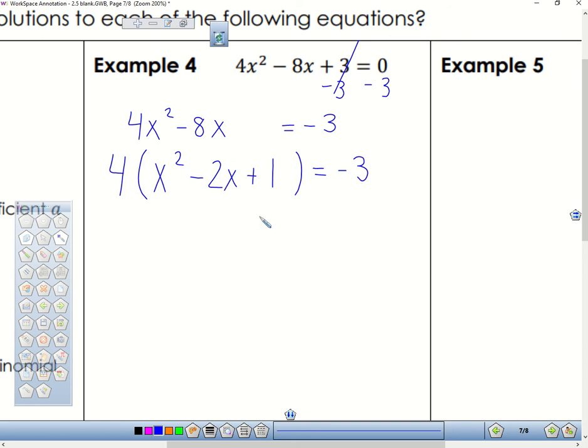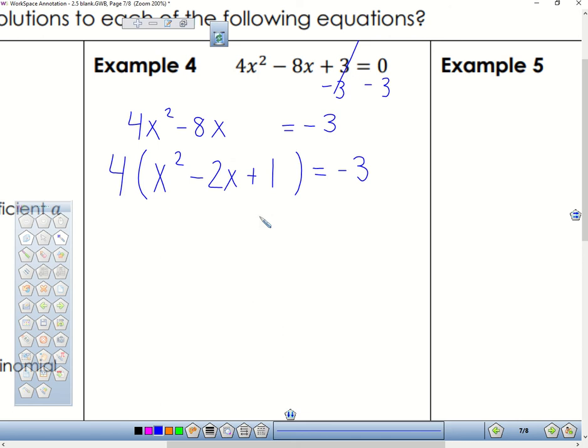Now, we have to think about this for a second. Whatever I add to one side of the equation, to keep the equation balanced, I need to also add to the other. However, did I actually add a 1 to this side of the equation? Or what did I actually add to this side? The 1 is being multiplied by 4.